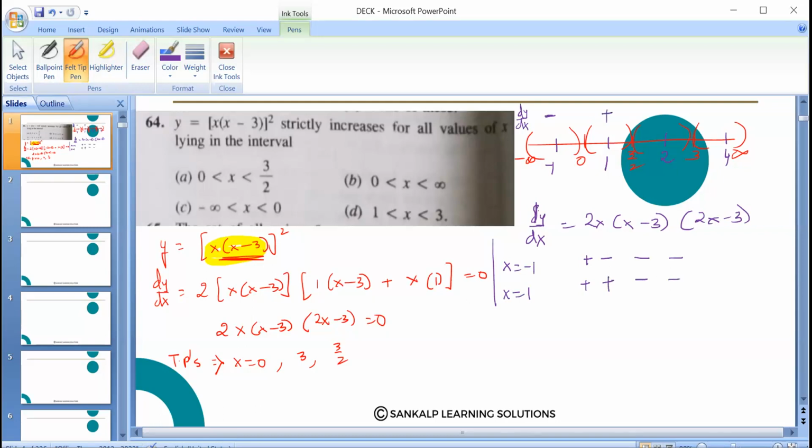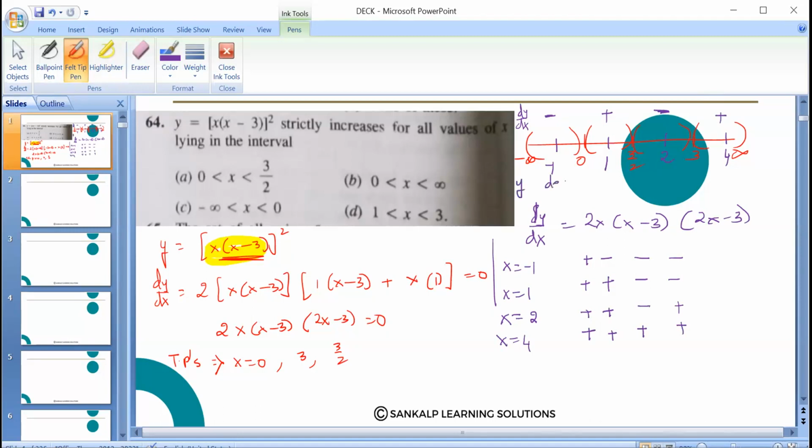So the derivative is positive. When you put x equal to 2, 2 is positive, x positive, 2 minus 3 negative, 4 minus 3 is positive. So the derivative is negative. When you put x equal to 4, 2 is positive, x is positive, 4 minus 3 is positive, 8 minus 3 is positive, so the derivative is positive.